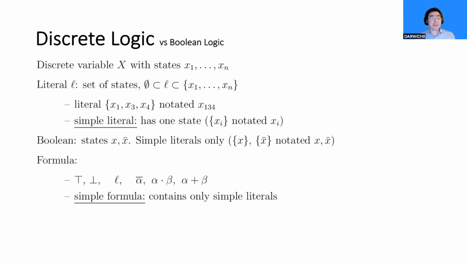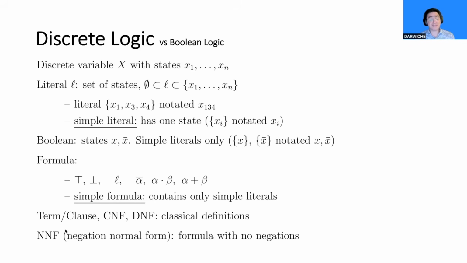Other than that, you construct formulas in the usual way, either using constant true, false literals, or you can negate a formula, you can conjoin 2 formulas, you can disjoin 2 formulas. And we will say that the formula is simple if it only contains simple literals. And then you can define other notions, like a term is a conjunction of literals, a clause is a disjunction of literals, CNF, DNF, classical ways.